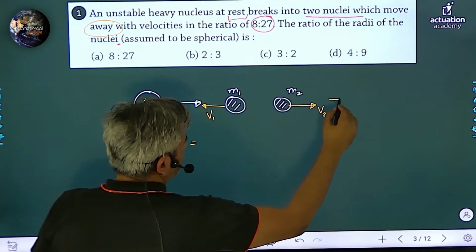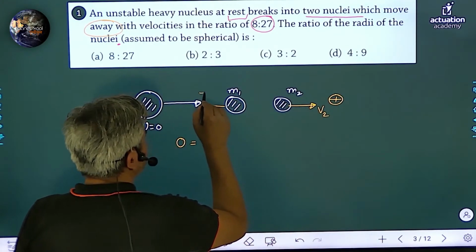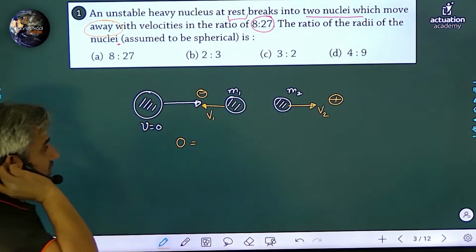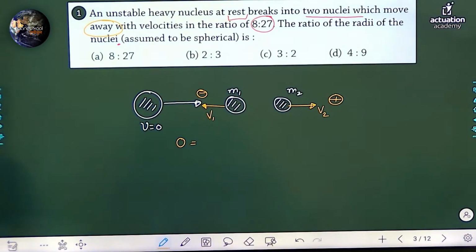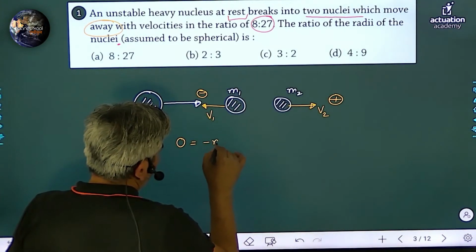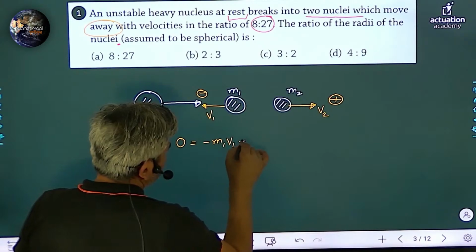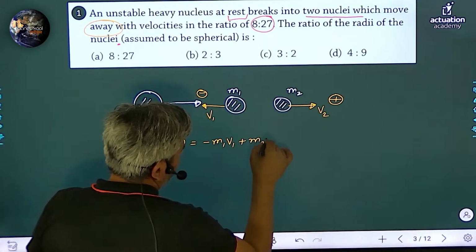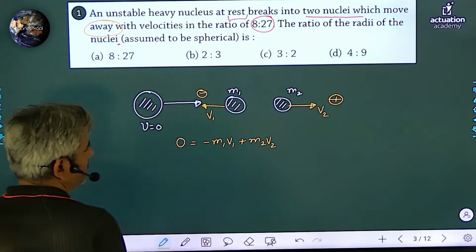If we take rightward as positive, then this velocity will be taken as negative. So we can write the momentum of the first, which is minus m1 v1, plus the momentum of the second, which is m2 v2, and this is equal to 0.